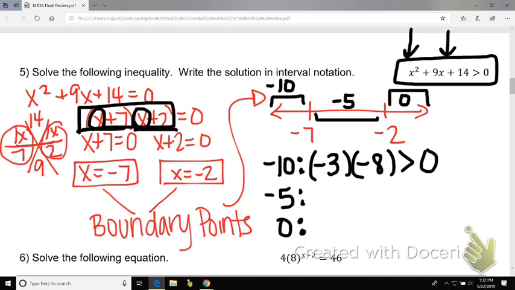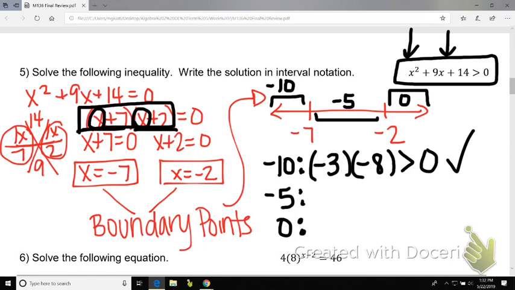Well, what's negative 3 times negative 8? Positive 24. Is positive 24 greater than 0? Yep, so that one is true. Okay, so anything less than negative 7, including that negative 10, those would all be true. Those solutions would all work for the original inequality.